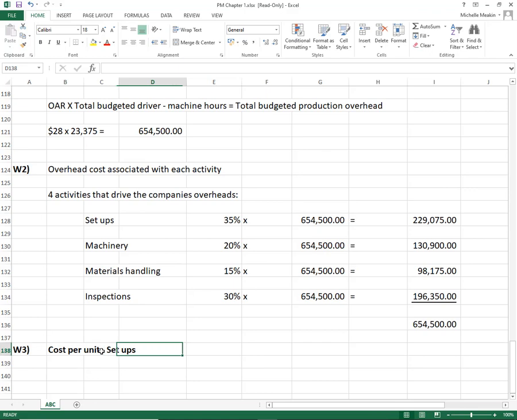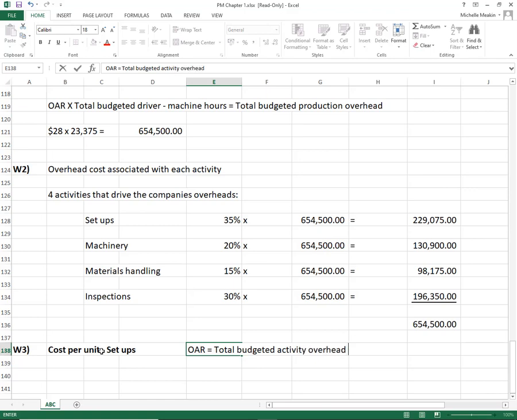And that means I'm going to look at producing an overhead absorption rate, but that is going to be based on the total budgeted activity overhead divided by the total budgeted activity driver.